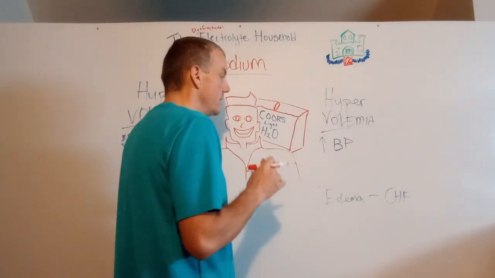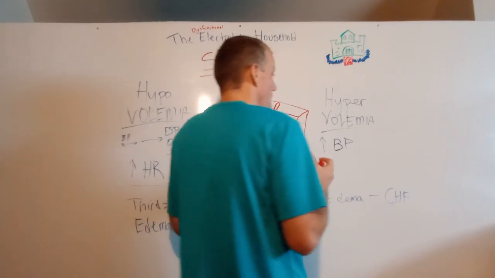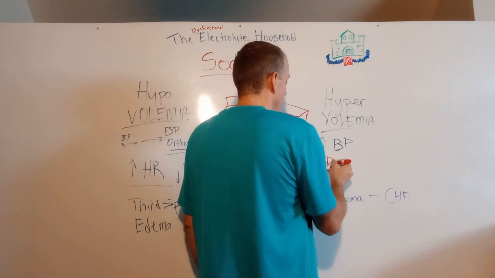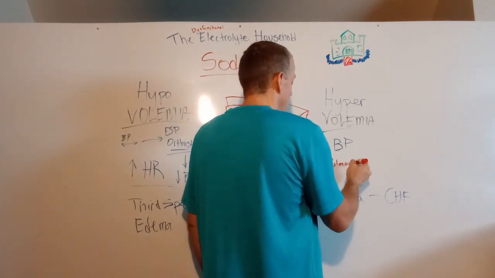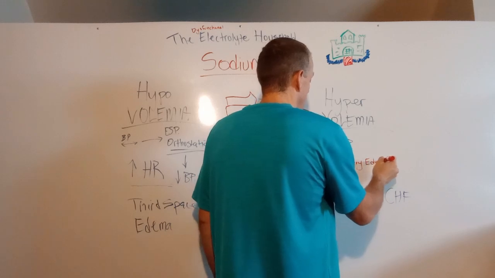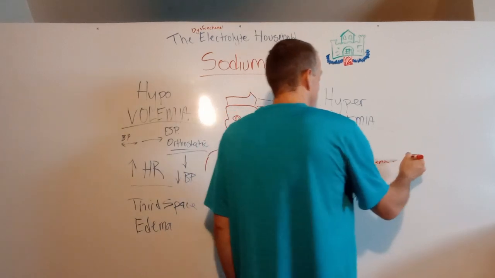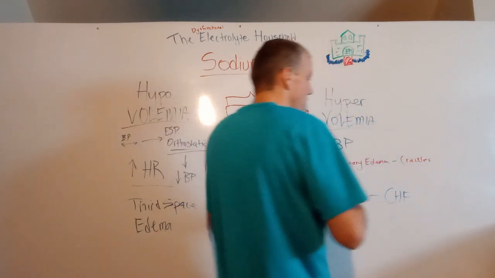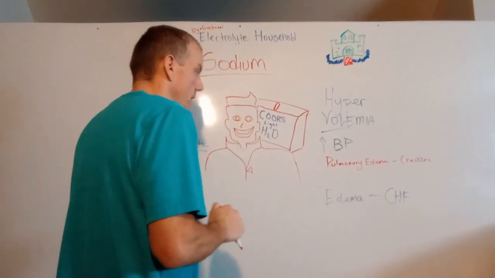And one of the places that it does this with the greatest clinical effects is in the lungs. And so you start getting pulmonary edema, which usually goes along with crackles or something to that effect, one of the fluid related sounds. You can kind of hear that happening.